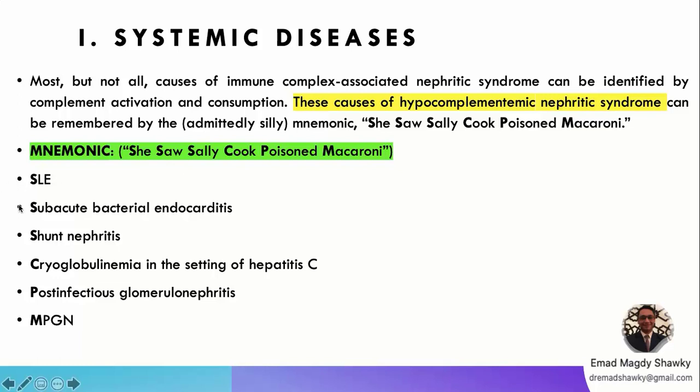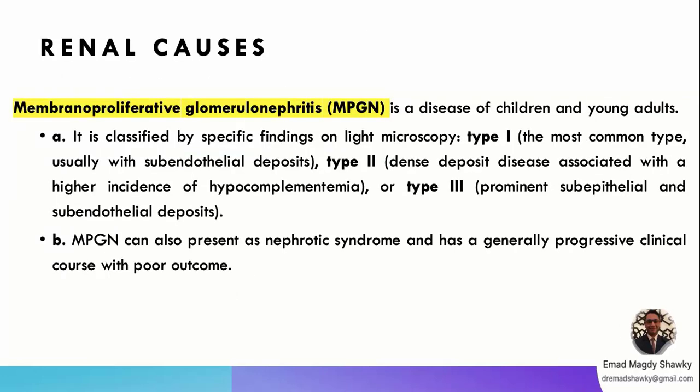Those are SLE, subacute bacterial endocarditis, shunt nephritis, cryoglobulinemia in the setting of hepatitis C, post-infectious glomerulonephritis, and, as I said before, membranoproliferative glomerulonephritis. Again, what's the difference between those and the MPGN? The MPGN, the proliferative lesion, means proliferation in the matrix and the cells of the kidney, but those may be of other inflammatory cells or white blood cell infiltration to the kidney.